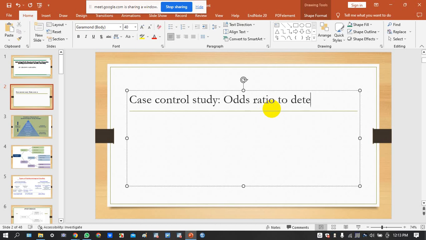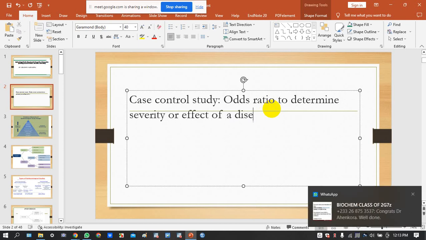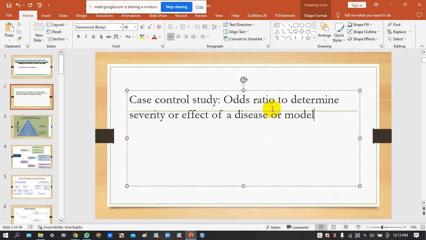If you want to estimate the effect or find the severity of a disease, in a case control study we use odds ratio.